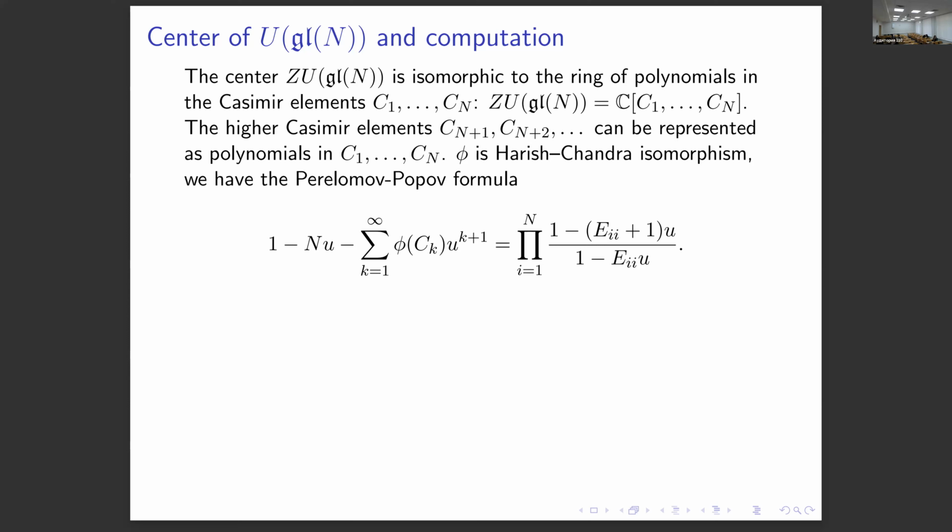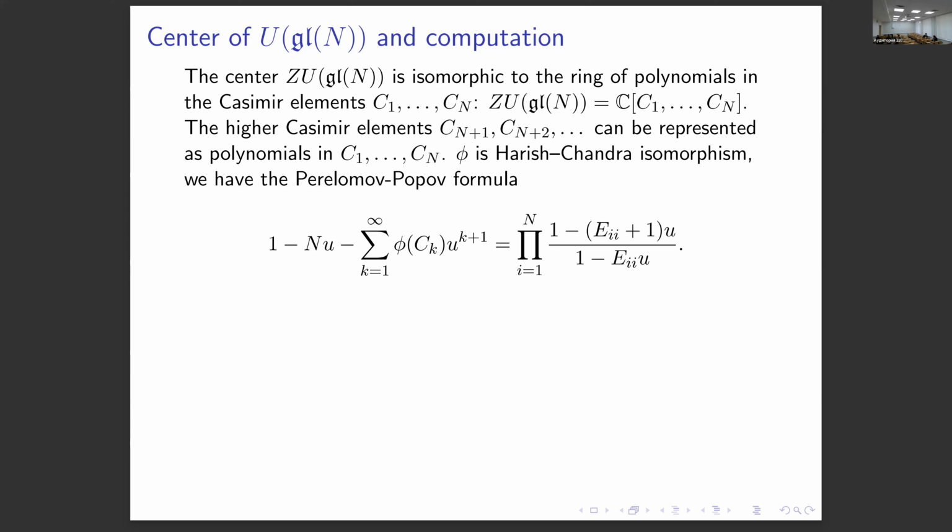But we take the center to the isomorphism, so this is a projection. But the image is not the whole algebra of symmetric functions. It is not the whole algebra. It looks like this: shifted symmetric functions. Yes, this is the result of Kazarian. So this is the structure of the center of the universal enveloping algebra of gl_N.